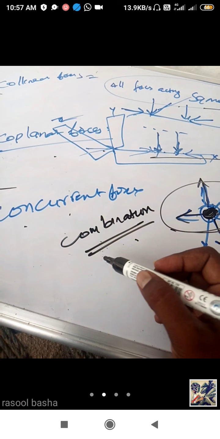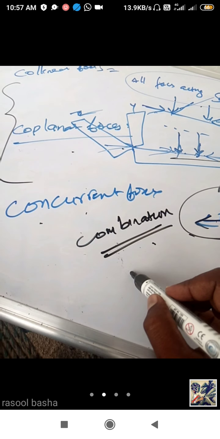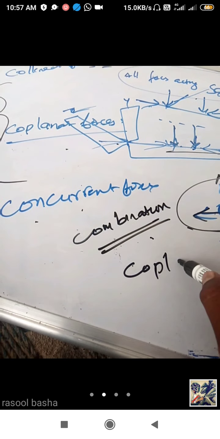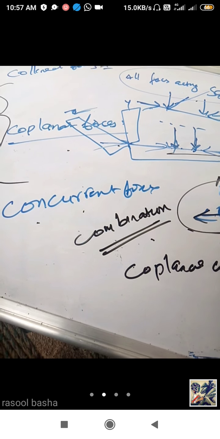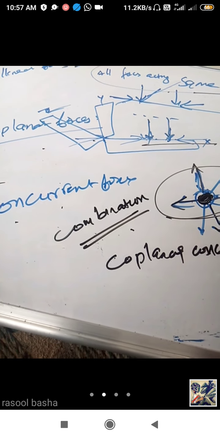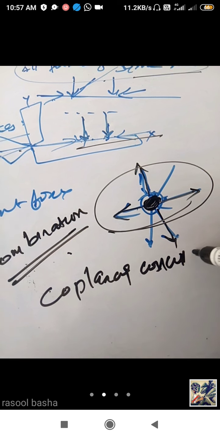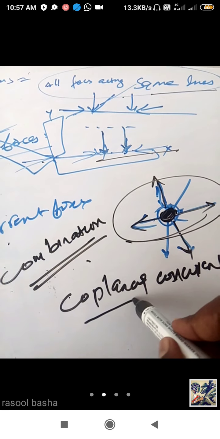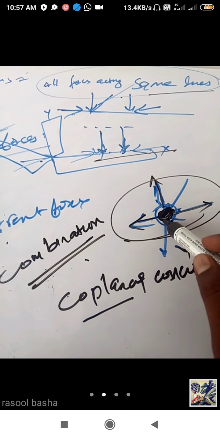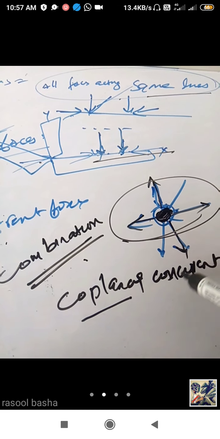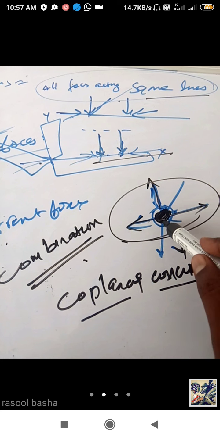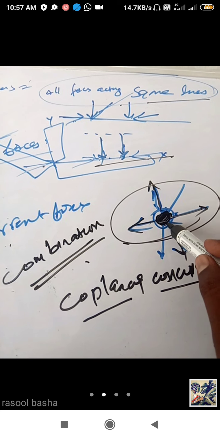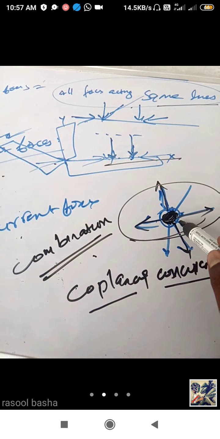So first combination is coplanar concurrent forces. Coplanar means all the forces lie in a single plane, and concurrent means all the forces pass through a single point. So these two definitions can be mixed.